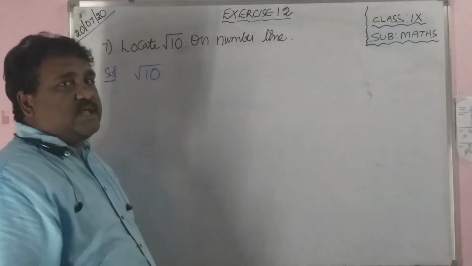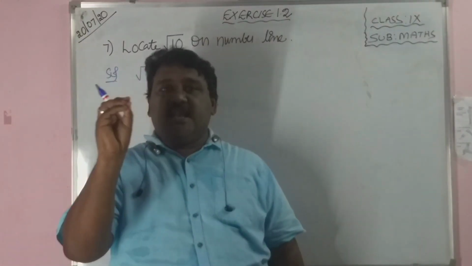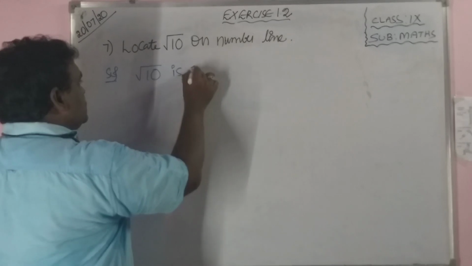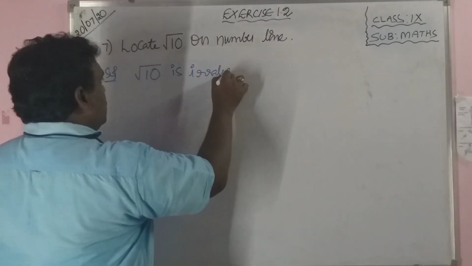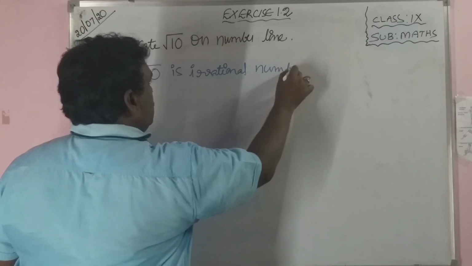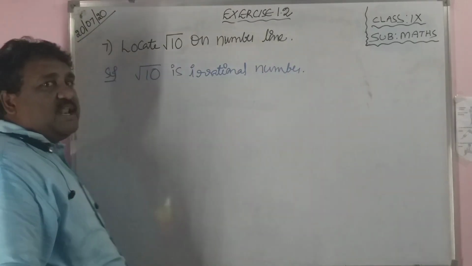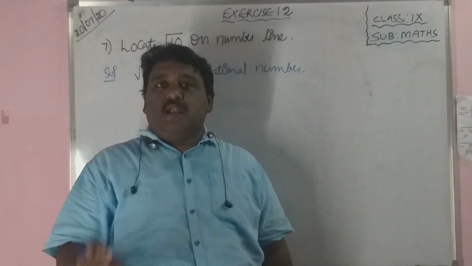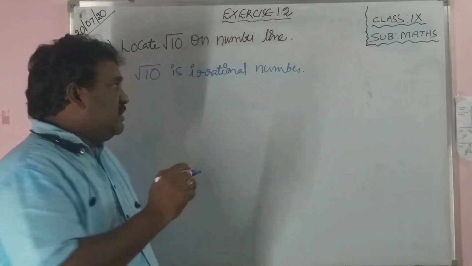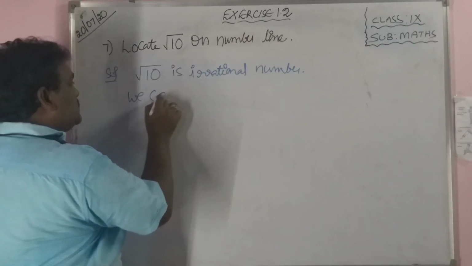Root 10. You know what is root 10? Root 10 is an irrational number. And how do we represent irrational numbers on the number line?